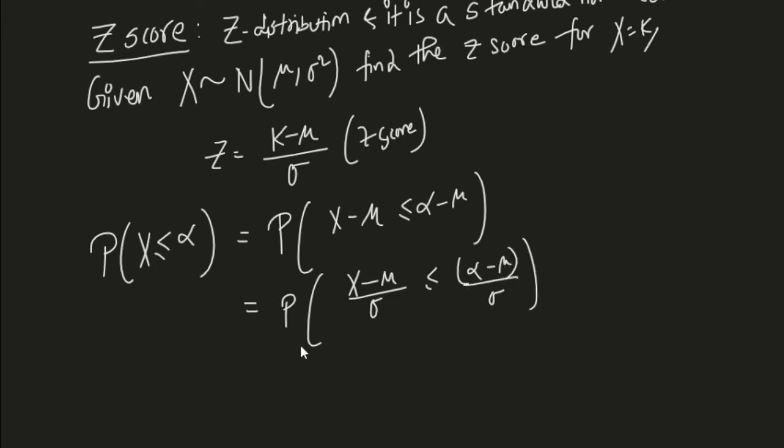If x is directly a normal variable, it's fine, but if x is just representative of a sample which has n entries in total, then we multiply by root n on both sides, and same here.